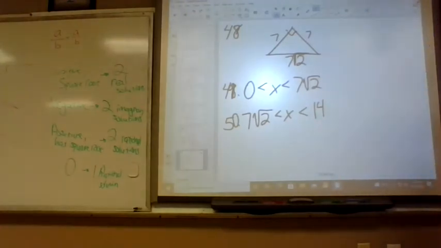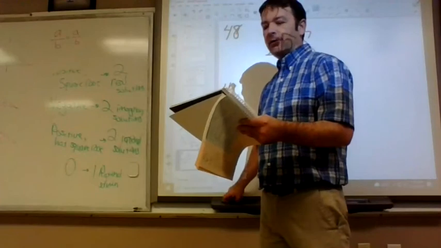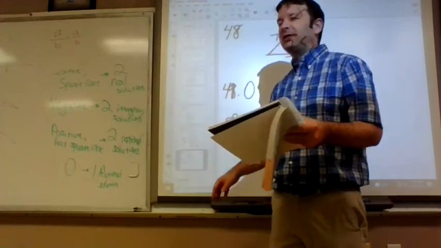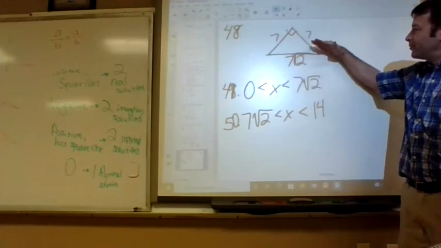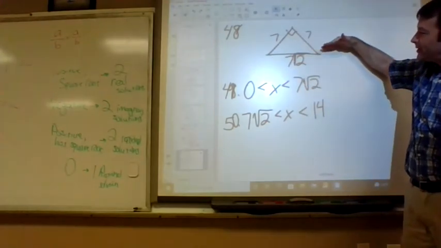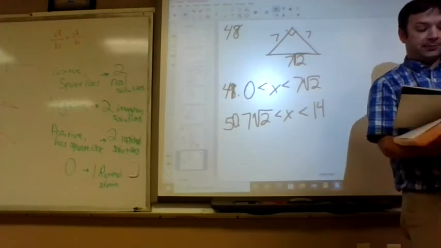Okay, on 51, do you guys know what BAC means? Basically a straight line. How long would X have to be? 14. If we stretch this out to 14, then this would go flat and make a straight line, right? So X equals 14.